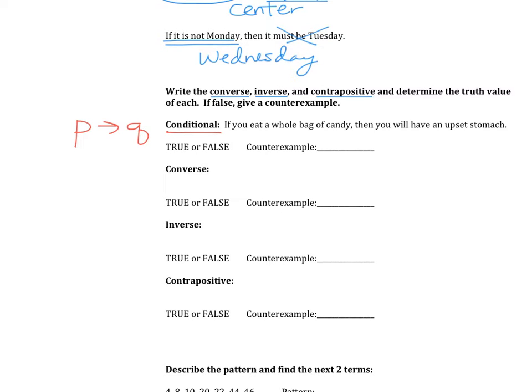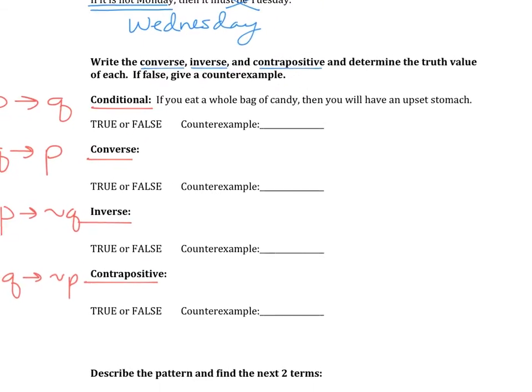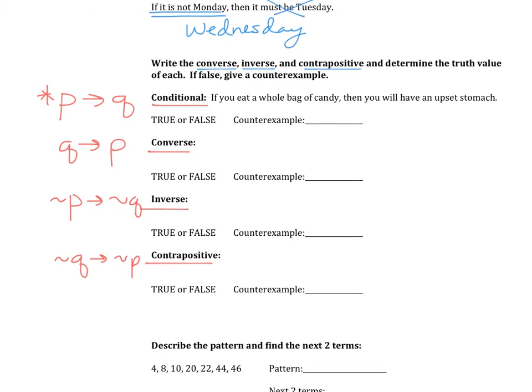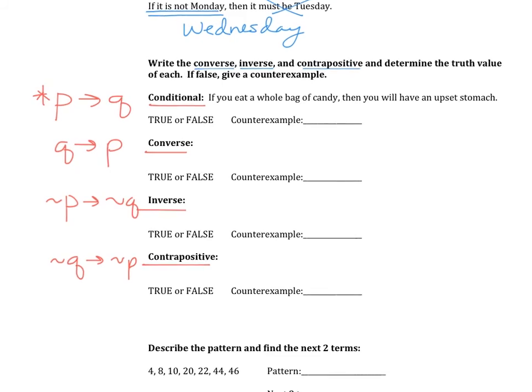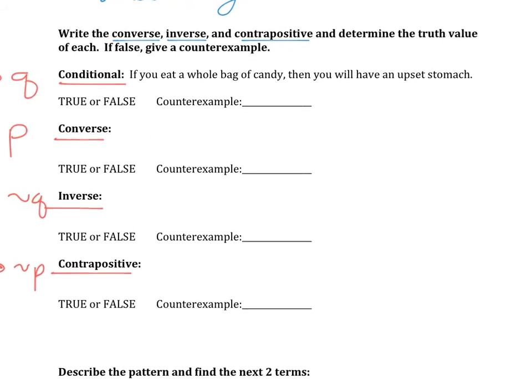The converse just switches those. If Q, then P for the converse. The inverse goes back to the original and negates both parts. So that would be if not P, then not Q. And then the contrapositive takes the converse of that. If not Q, then not P. Okay, so that's your setup for those. Remember, you can always go back and rewind if I'm moving too fast, or pause it. That's totally fine.